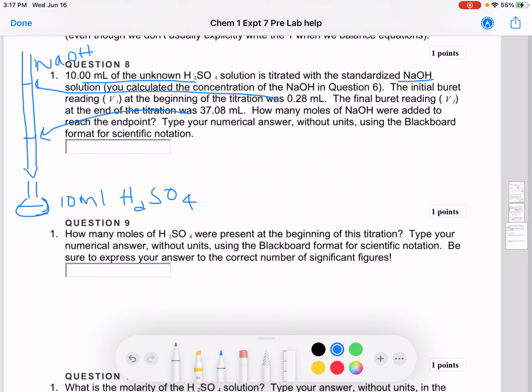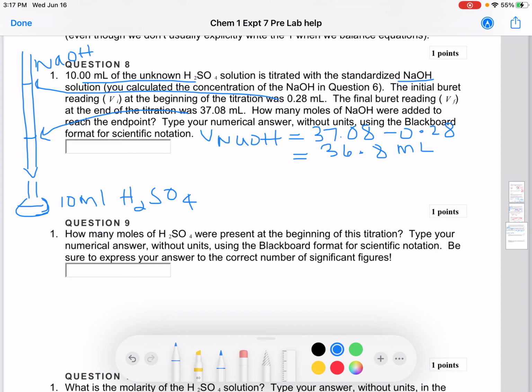We are given the initial and the final buret reading of sodium hydroxide, so we can find the volume of sodium hydroxide needed by the difference. 37.08 minus 0.28 gives us the volume of sodium hydroxide, 36.8 milliliters.